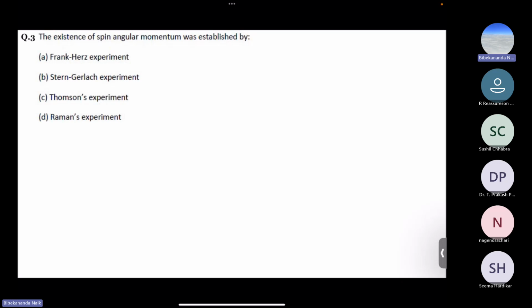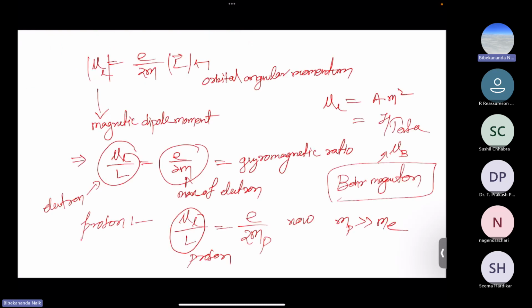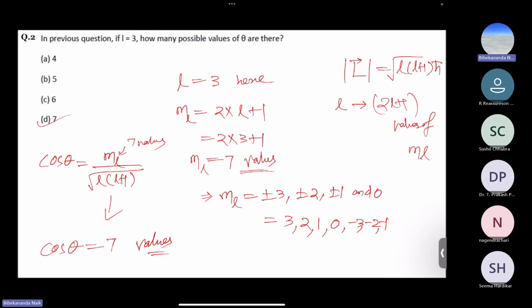From Raman's experiment, we obtained the Raman effect, that is, there is a transfer of energy between the molecule and the electromagnetic radiation or photon. So these are the four experiments. Now let's discuss more about the Stern-Gerlach experiment, how it was performed and how it gave the idea about the existence of spin angular momentum. So the correct option is option B, the Stern-Gerlach experiment.